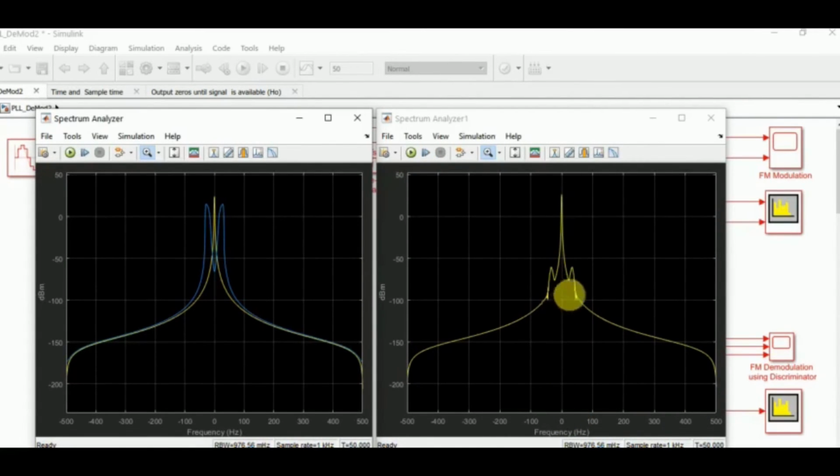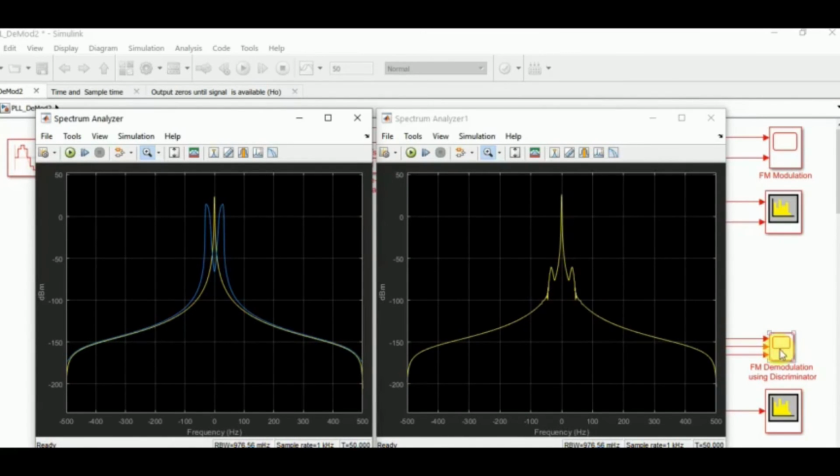You can observe that we have almost captured the original signal, but we also have some side lobes appearing over here. In ideal situations, this golden curve should be exactly equivalent to this curve. So you may select an appropriate filter to get rid of these side lobes.